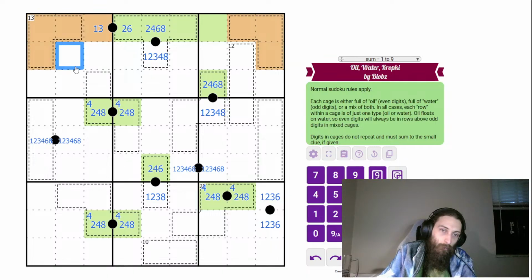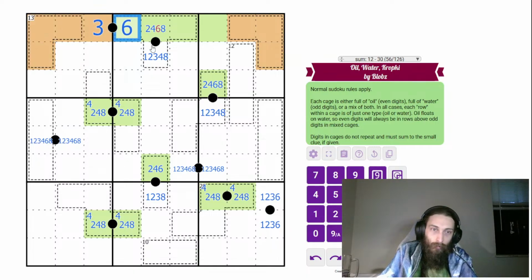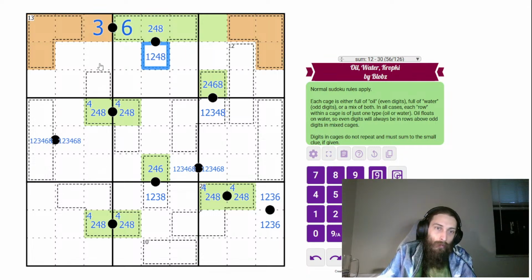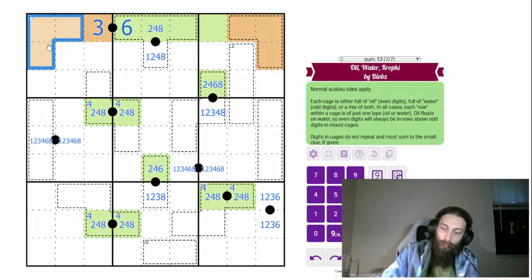Is that right? Yeah. So that's a 3, and a 6, and not a 6, and not a 3. But then this would have to be 3, 5, 7.